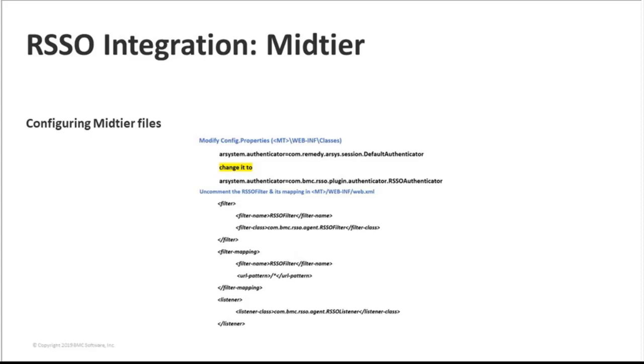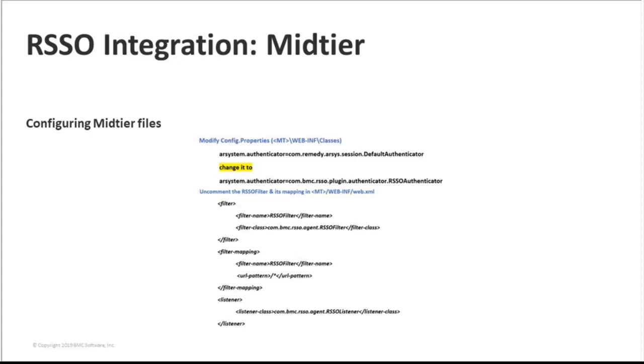Likewise, the web.xml file, which is shipped with every web application, is stored in Midtier's web INF directory. The web.xml file, which is a startup file for the web application Midtier, needs to be told that there is an RSSO agents filter installed, and the filter mapping has to be enabled in web.xml.